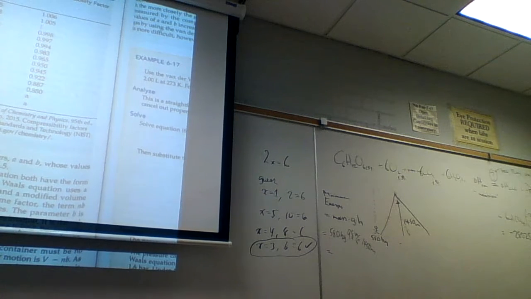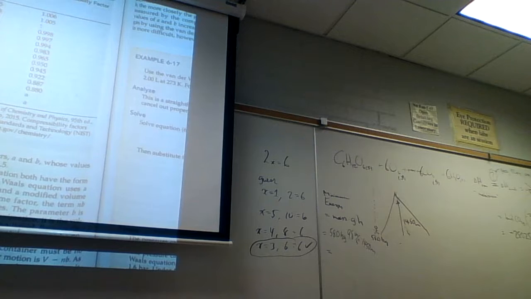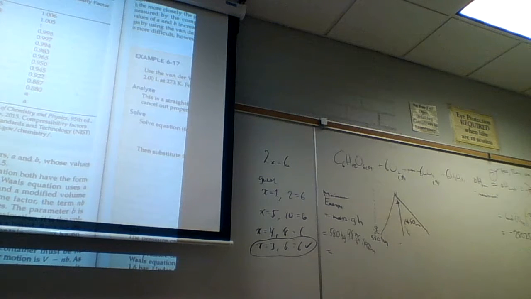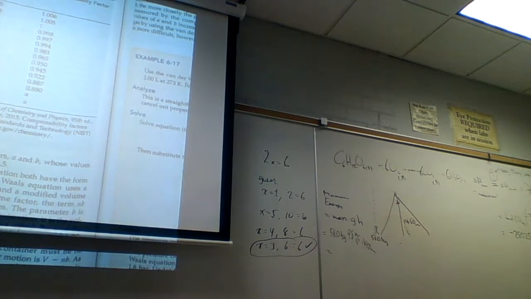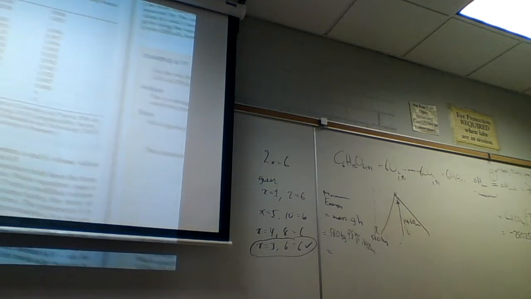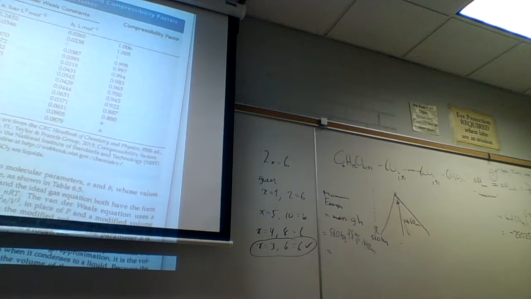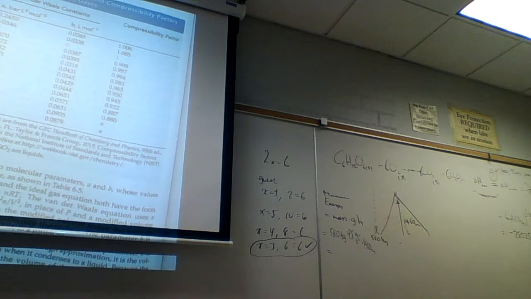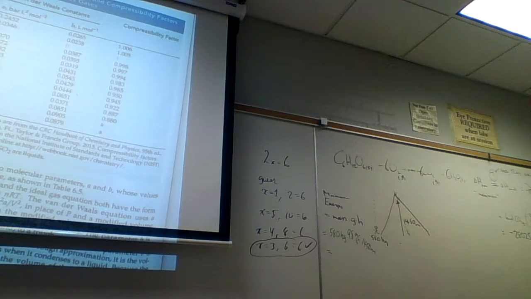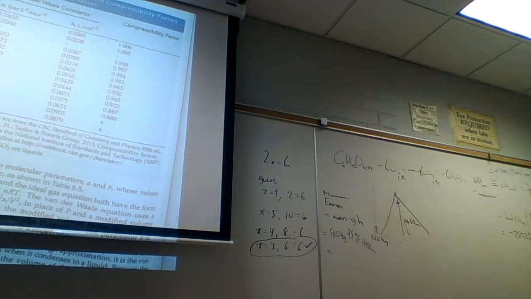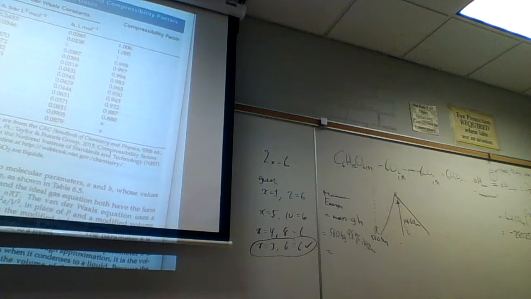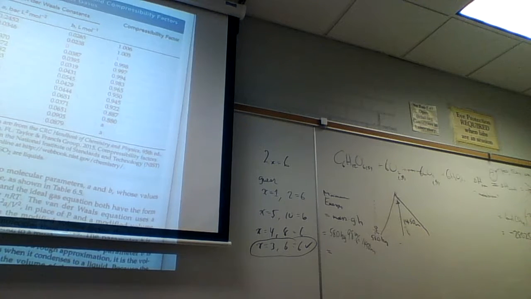And so what is A? This is what A is. The bigger the A, the stronger the intermolecular attractions. The stronger the intermolecular attractions, the weaker it's going to hit the wall.